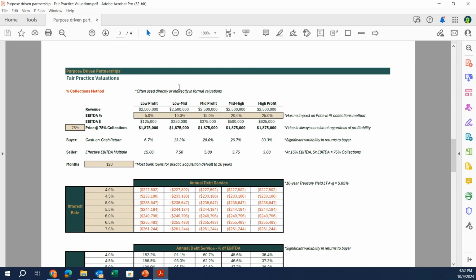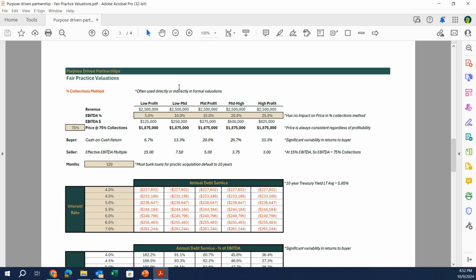The point of saying that is that valuations aren't always better or more accurate than the EBITDA method, and in many cases they're going to be less accurate. So know that just because you're obtaining a valuation does not make it more accurate than what you might be able to determine on your own.